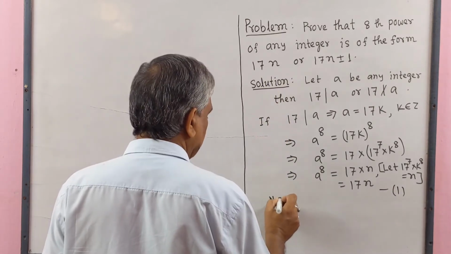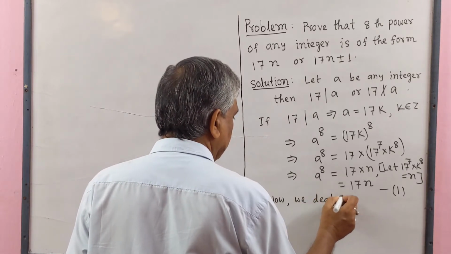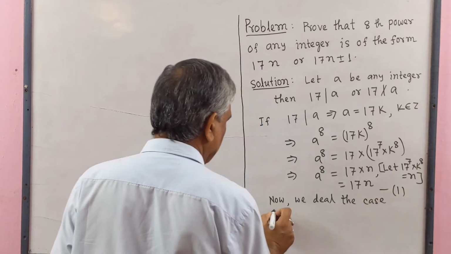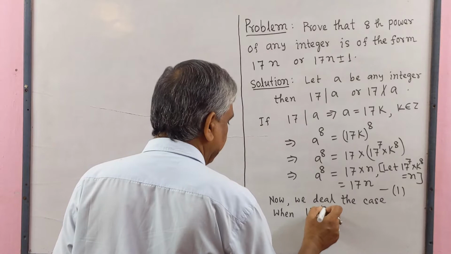Now we deal the case when 17 does not divide a.